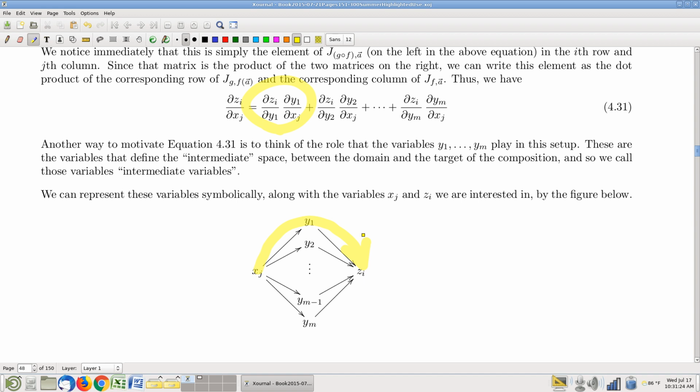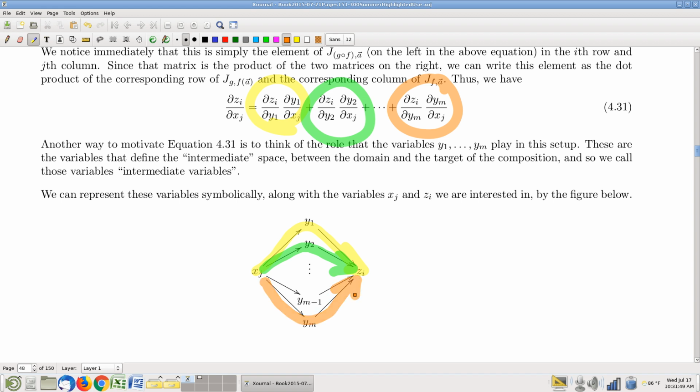So this is what I'm going to call the y1 term of the chain rule. And likewise, this term refers to changes that go through y2, etc. And then dot, dot, dot, and finally that last term refers to changes that propagate through ym. Okay, so there's a nice way to think about it.